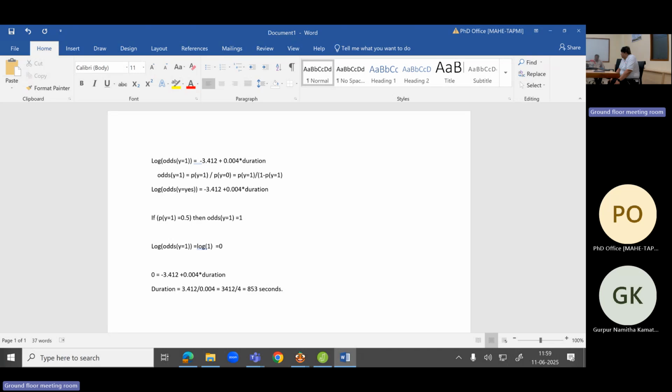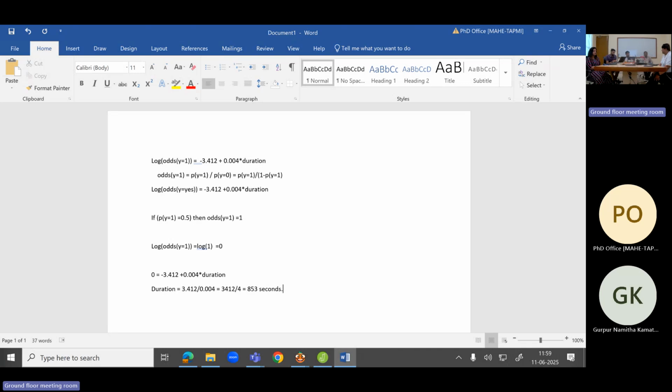So 14 minutes of effort has to be put minimum to reach that 0.5, as per the model. That is the interpretation you can understand.